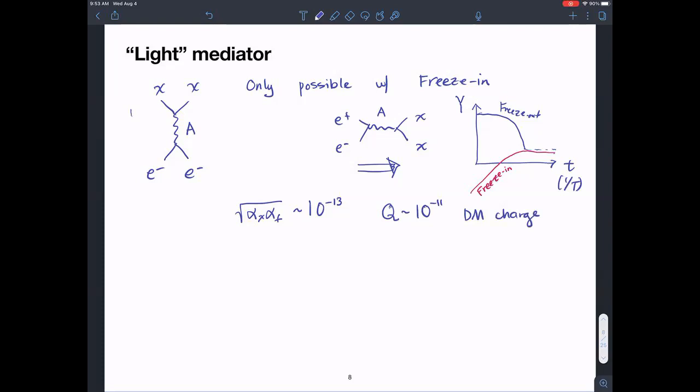So that's a viable model for dark matter, you can just think of it as having a really tiny charge. In practice, it's generated by the dark photon through the kinetic mixing, remember, through this g chi epsilon/e.